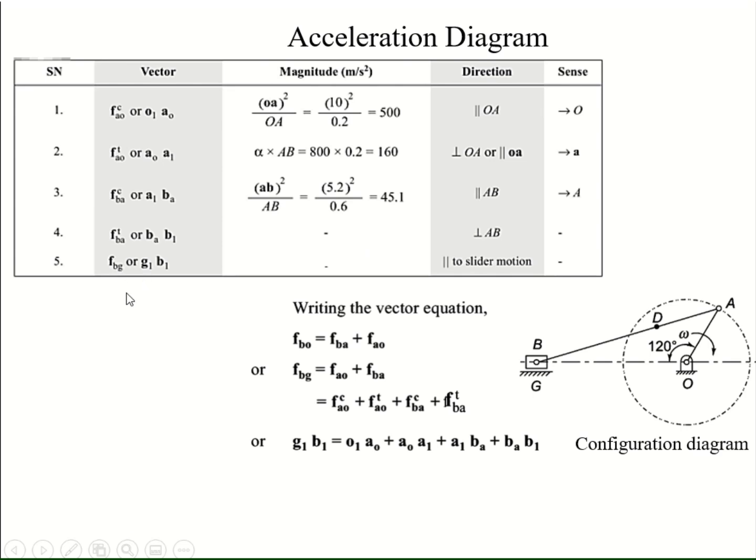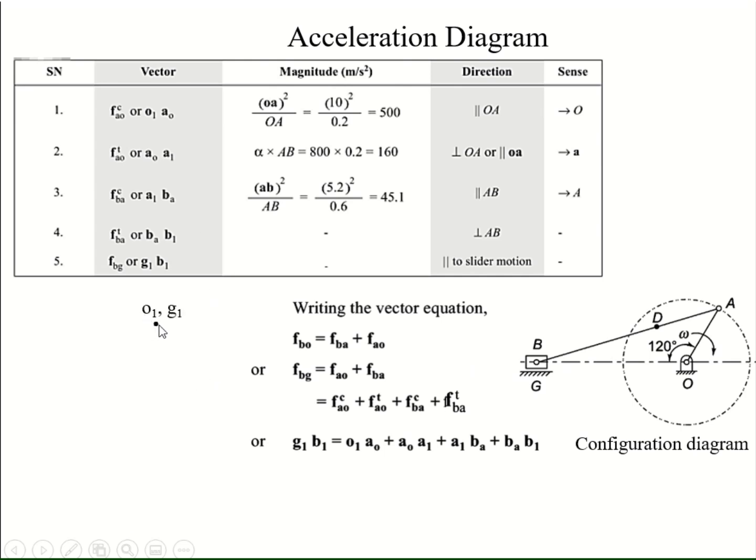And the fifth vector over here is FBG, which is a slider, and therefore its direction is known. The direction is horizontal, and its magnitude has to be found out. So we'll start with drawing the acceleration diagram.